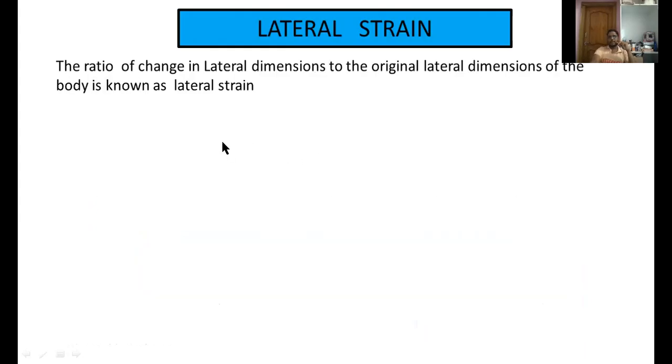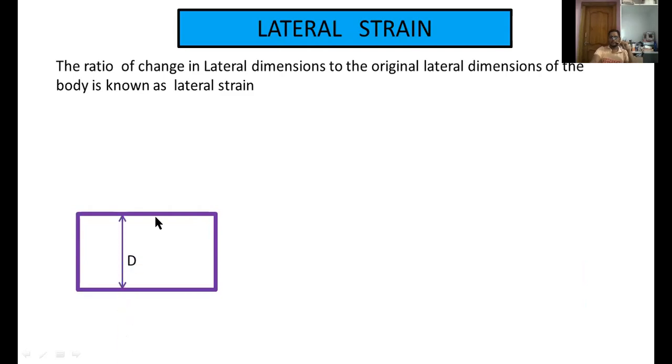Now I am going to explain about lateral strain. Here also strain is the same formula: the ratio of change in dimension to the original dimension is called strain, whereas lateral strain is the ratio of change in lateral dimensions to the original lateral dimensions of the body. So here also I consider the same diagram.